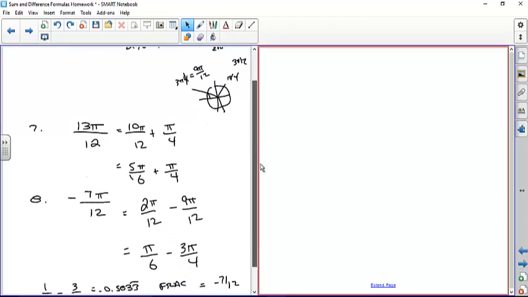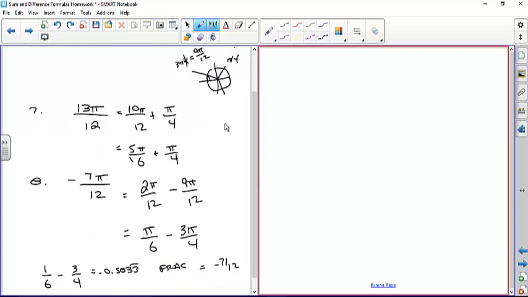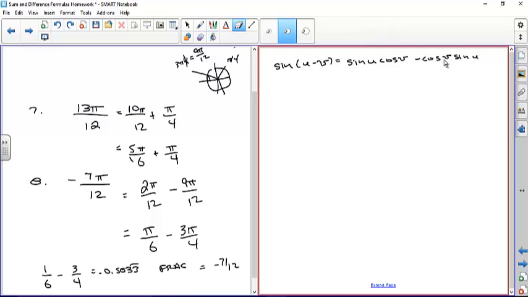Okay, and the last one, we have to use the subtraction formulas. So the sine of u minus v is sine of u cosine of v minus the cosine of u sine of v.